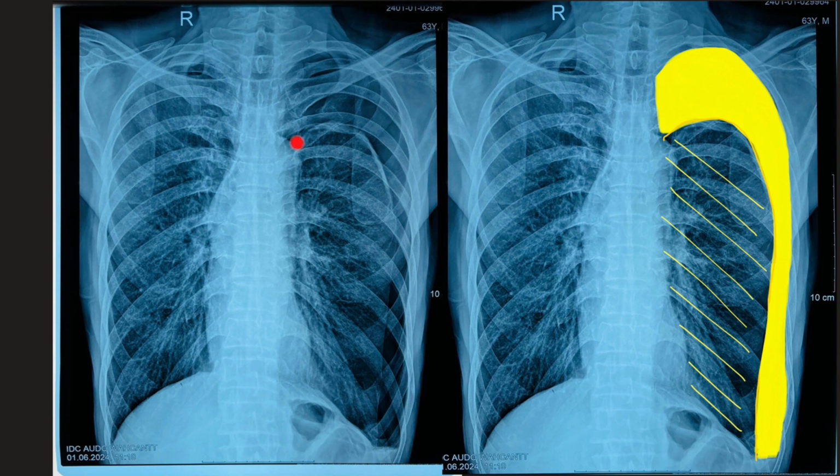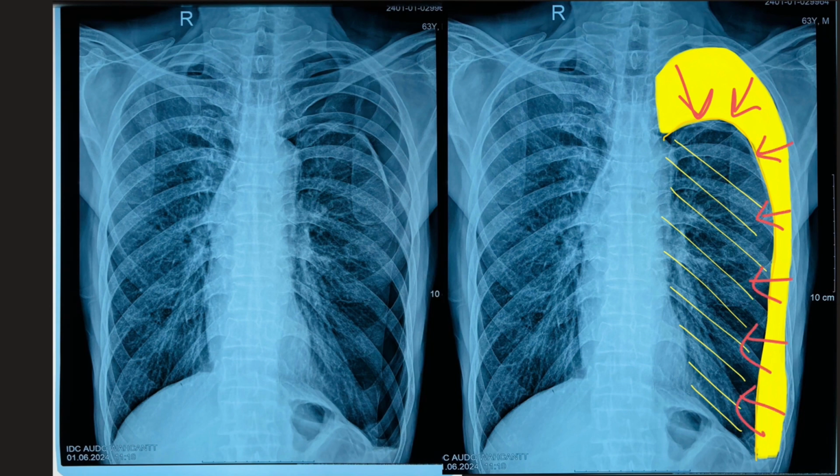Now why does the lung collapse? Basically what happens is that whenever there is a puncture within the lung, the air tends to accumulate within these spaces known as the pleural spaces on each side, which is present between the parietal pleura and the visceral pleura. And as the air accumulates in these spaces, this air pushes the lung.